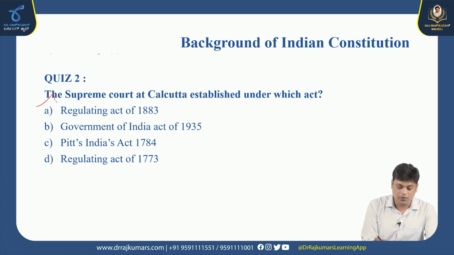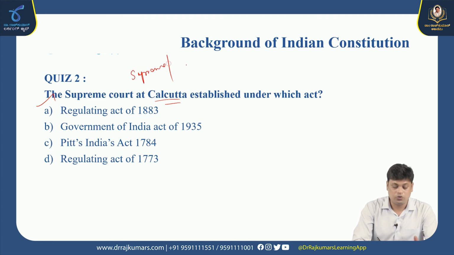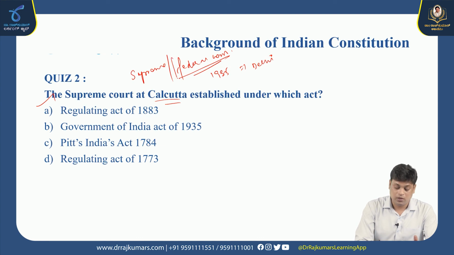Next, the Supreme Court at Calcutta was established under which act? I told you about the Supreme Court and also the Federal Court. This Federal Court is also known as the Supreme Court. As per the 1935 Act, it was established at Delhi, and it is known as the Supreme Court now.